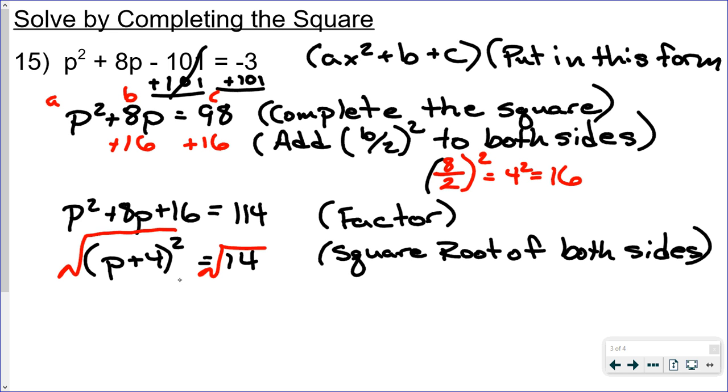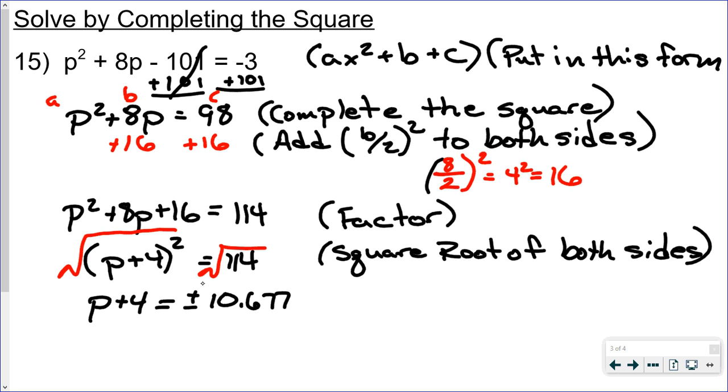And so now I have p plus 4 equals the square root of 114. If I round it to the nearest thousandth, it would be positive or negative 10.677. Sorry, that's 114. I was like, something's not right here.